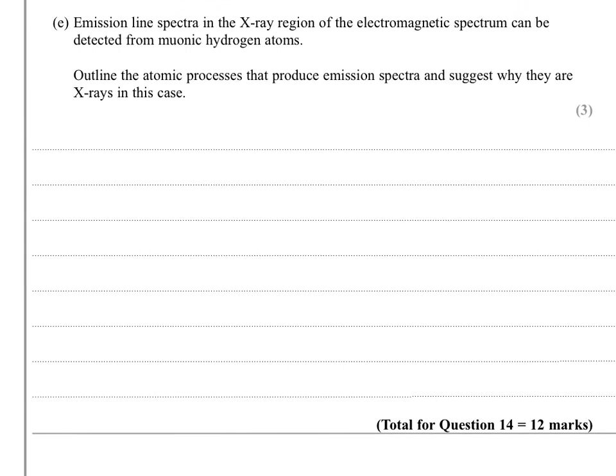Emission line spectra in the X-ray region of the electromagnetic spectrum can be detected from the muonic hydrogen atoms. Outline the atomic processes that produce emission spectra and suggest why they are in the X-rays in this case.